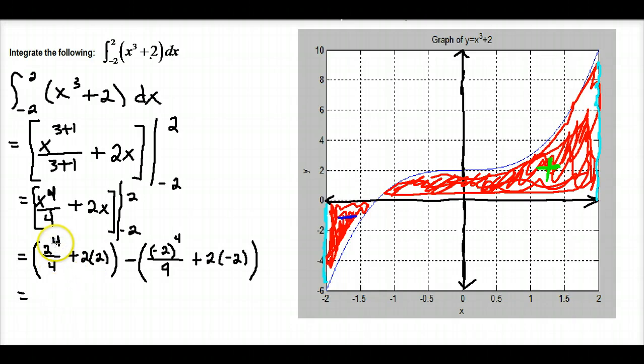So 2 to the 4th power is 16. 16 divided by 4 is 4. See, my marker doesn't want to work well with me today. That's all right. We'll keep moving along. So we know we have 4 right here, and then we know 2 plus 2 is 4.